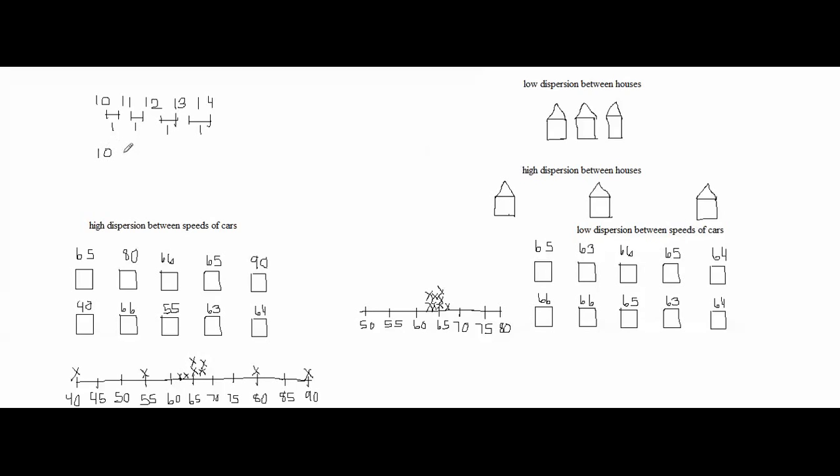How can we do that? Well, if we want these numbers to be 2 apart instead of 1 apart, instead of going from 11 to 12, we'll have to go from 11 to 13.